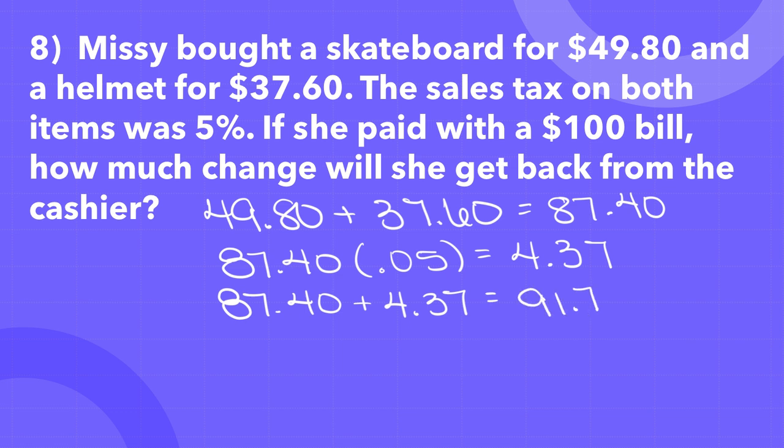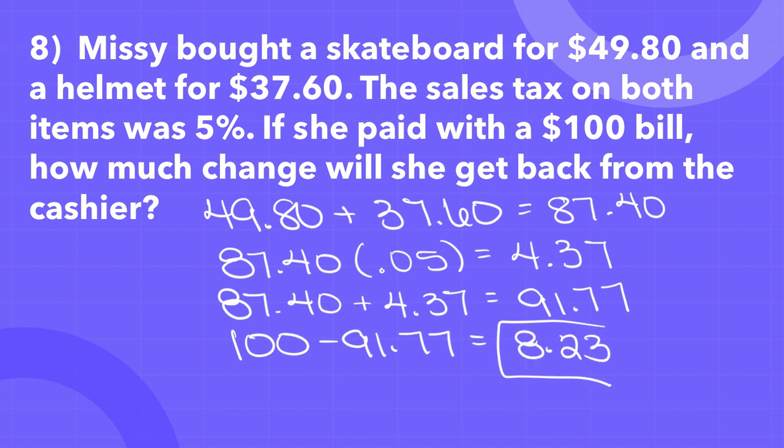All right, so $91.77 is owed, and it's not the answer because why, Emerson? It says you paid with a $100 bill, and you need to know how much change, so you'll do 100 minus... Very good. Excellent job.